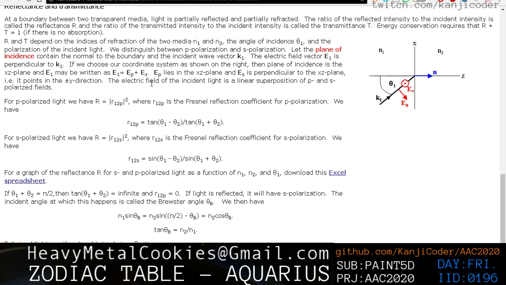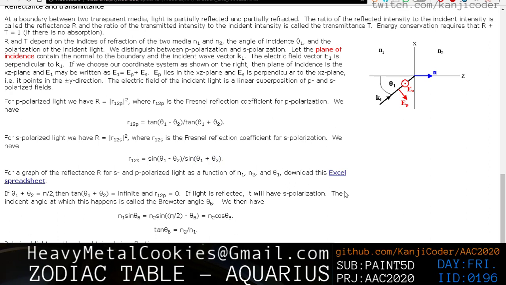For S-polarized light, we have R equals the absolute value of R12S to the power of 2, where R12S is the Fresnel reflection coefficient. For S polarization, R12S equals sine(θ1 minus θ2) divided by sine(θ1 plus θ2). Okay, so the sine of the difference of the thetas divided by the sine of the sum of the thetas.